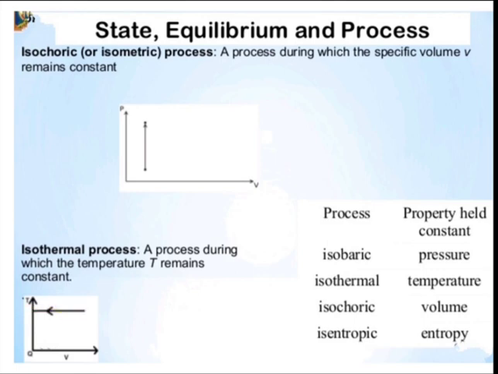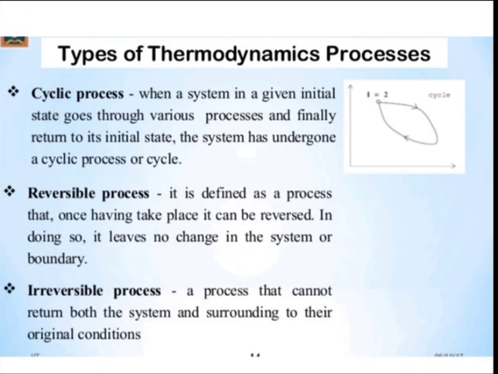Then see our new point, the types of thermodynamic processes. The thermodynamic processes are again of four types: cyclic process, reversible process, irreversible process, and adiabatic process. So what does cyclic process mean?